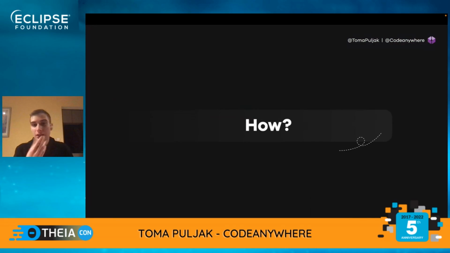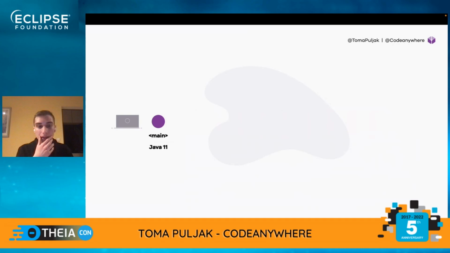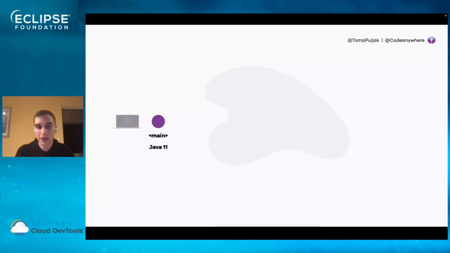So I'll briefly talk about how to make all of this possible and what actually cloud development is behind the scenes. So let's take a look again at the usual Git process, or basically the Git workflow when working on projects. So let's say, for example, we're on the main branch running Java 11 in this case, and we need to upgrade to Java 18, for example.